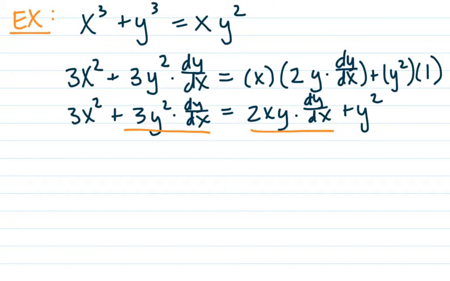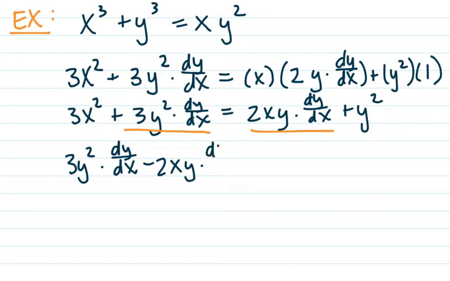So I'm going to leave 3y squared times dy over dx over here, and I'm going to subtract this term over. Okay, on the right that leaves me with y squared, and I'm going to have to subtract over 3x squared.